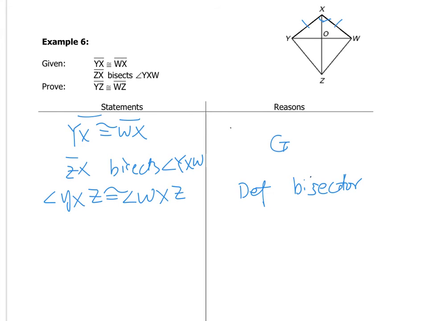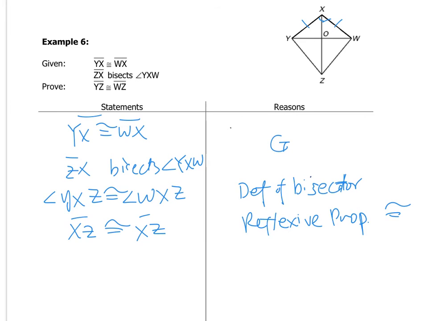Don't learn your teacher's bad habit. Write out everything, every word, definition of bisector, okay? And now we can say we also know XZ is congruent to XZ, and that's the reflexive property of congruence.